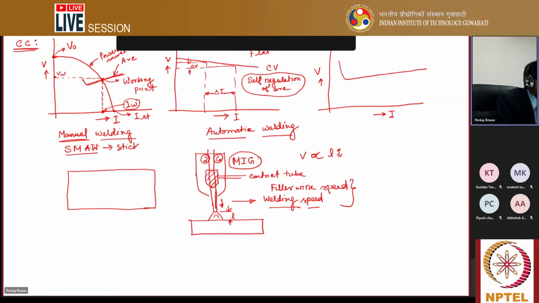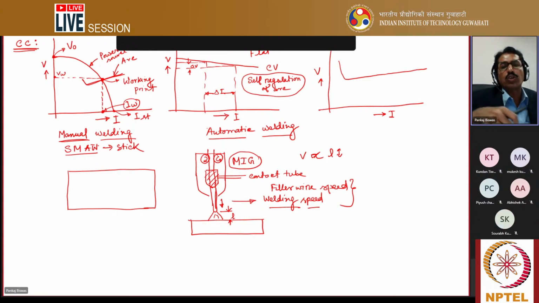Here both the filler wire feed as well as the welding speed are done manually. Similarly, in TIG welding, sometimes we use the filler wire with the left hand, and the torch, which has a non-consumable electrode, is moved by the right hand. So both things are done manually.